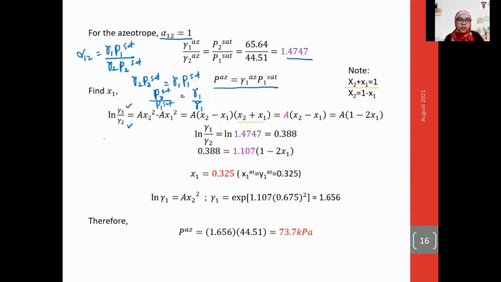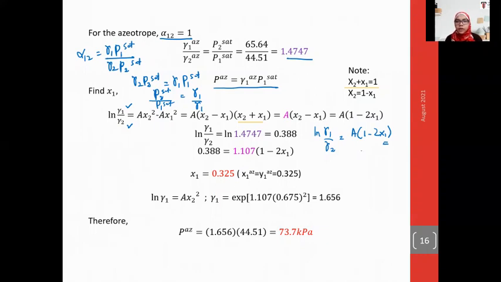So we have ln gamma_1 over gamma_2 equal to A x_2 squared minus A x_1 squared. You can expand this and have A times (1 minus 2 x_1). So you can solve ln gamma_1 over gamma_2 equal to A(1 minus 2 x_1), and then you can get the value of x_1 because we already defined gamma_1 over gamma_2 from this value.